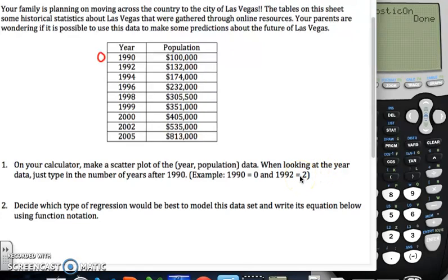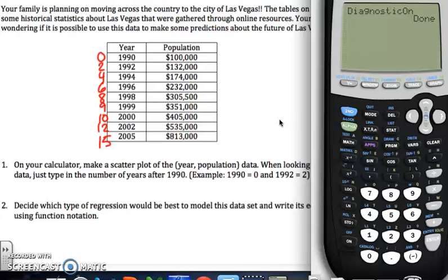So for example, 1992 is 2 years after 1990. And then 1994 would be 4 years, 6 years, 8 years, 9 years. And then 2000 will be 10 years after 1990. So then 2002 would be 12 years. And then 2005 would be 15 years after, okay?